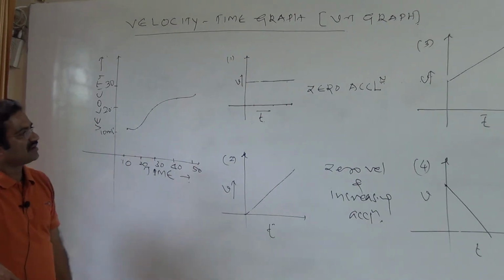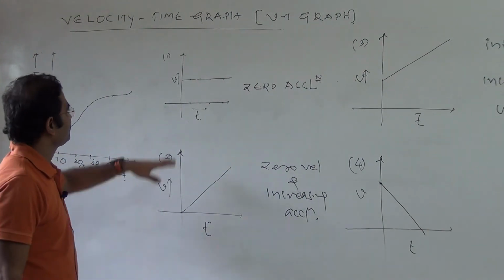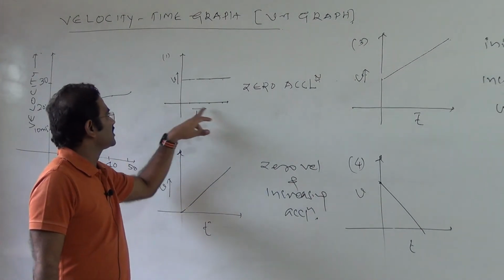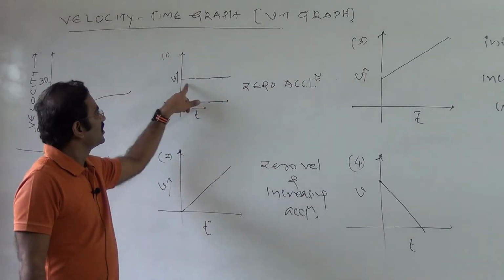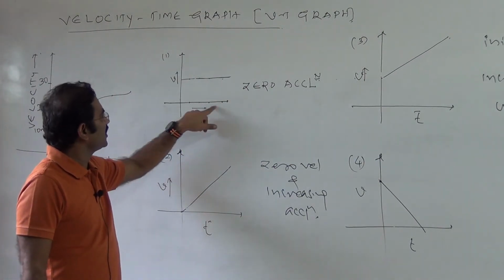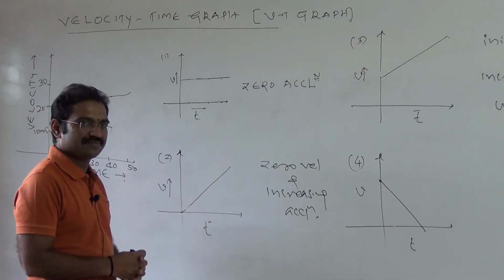There are different natures, means if we plot a graph, how will you judge? Observe this, with the passage of time there is no change in the velocity. Time keeps increasing, but velocity remains the same. We call this zero acceleration.